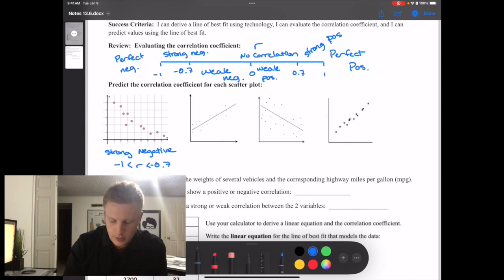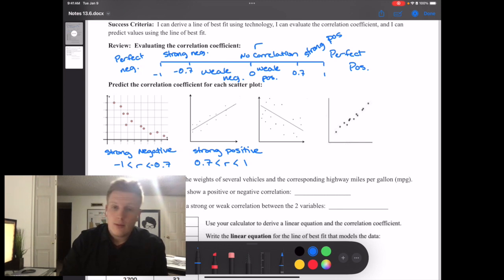Over here on the next one, number 2, that one's going up, and it looks pretty close to me, so I'm going to say that that one's a strong positive. That would mean that my correlation coefficient would be somewhere between 0.7 and 1, so somewhere close to a 1.